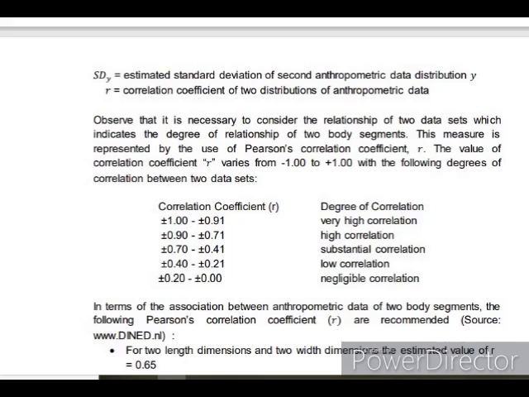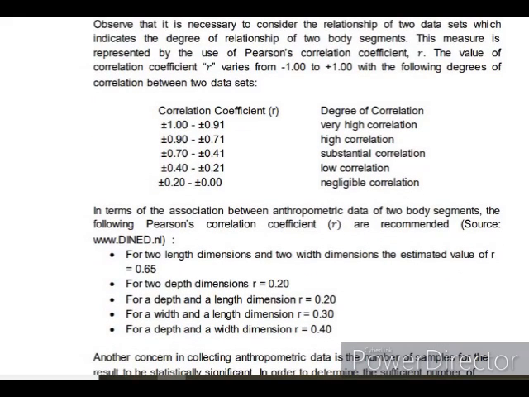The value of the correlation coefficient, small letter r, varies from -1 to +1 with the following degrees of correlation between two datasets. Do you recall these descriptions? If the correlation coefficient r is between +1 or -1 to positive or negative 0.91, it is very high correlation.